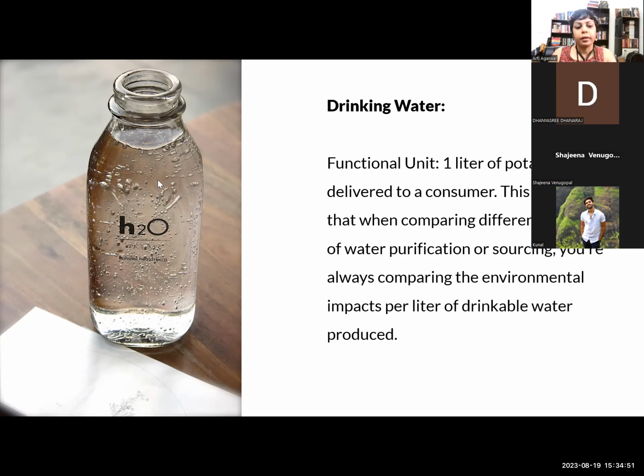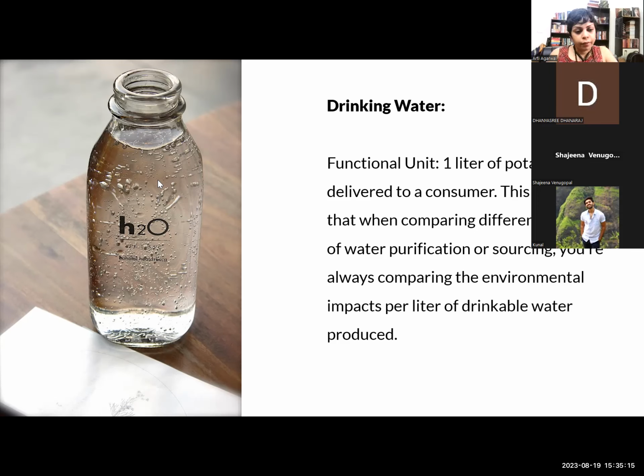It does not mean anything if you compare the two. What you need is a consistent unit across all the different solutions. So like I said, the functional unit will be 1 liter of water. Right? 1 liter of water is a functional unit because the function we're trying to serve is to give people 1 liter of water.